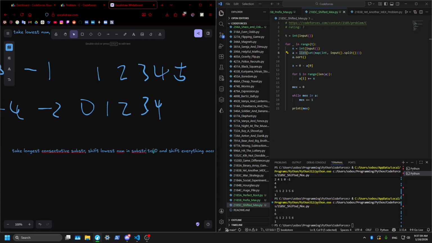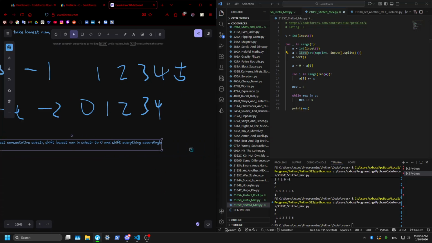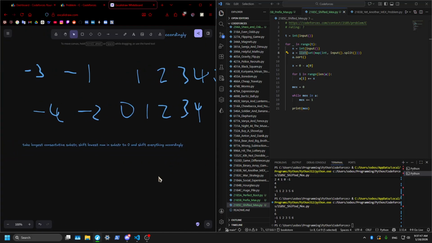We take the longest consecutive substring, shift the lowest num in the substring to 0, and then shift everything accordingly.